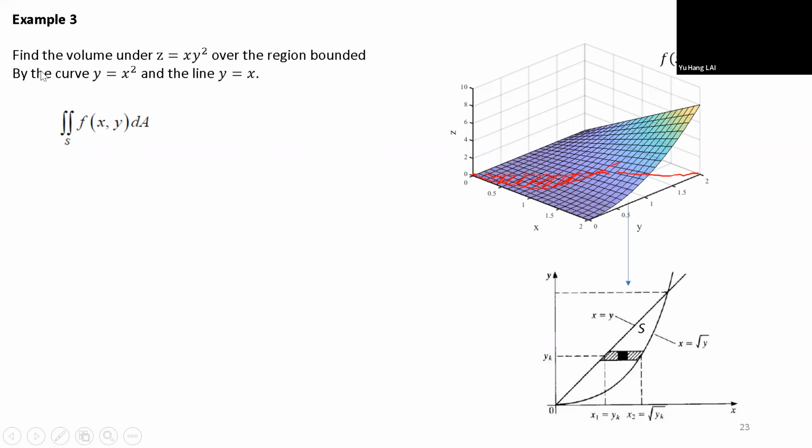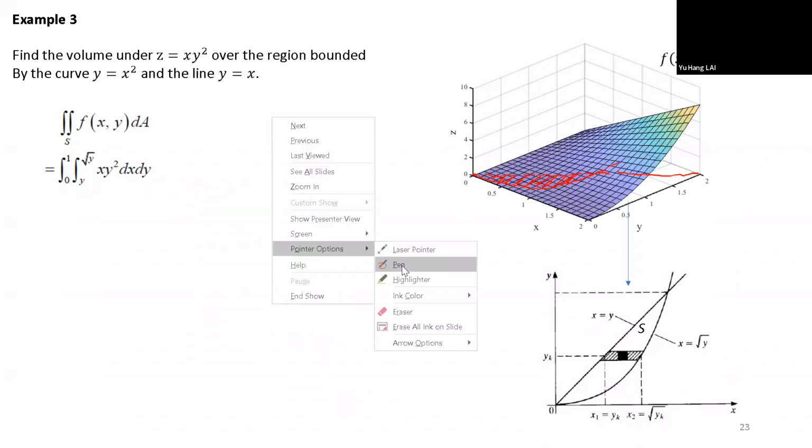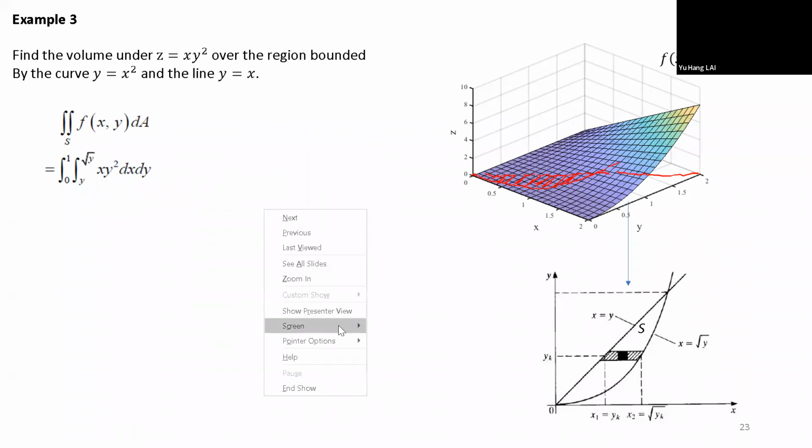So if I want to find out the volume under this surface, in this picture I cut it horizontally. That's why I need to take care of the integration with respect to x first.